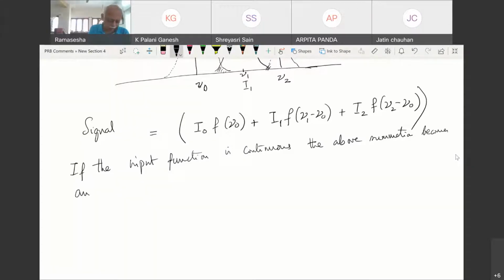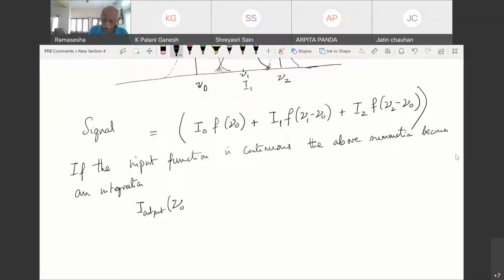And integration. Okay, so the signal will be equal to my output at a frequency which is fixed, let's say at nu naught.